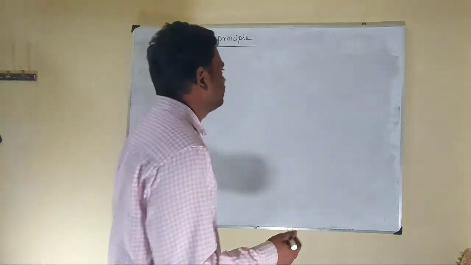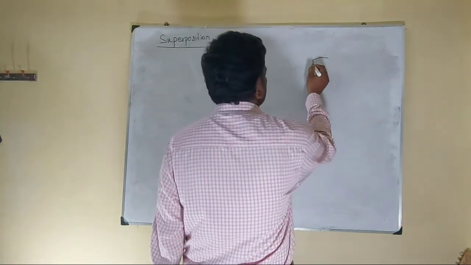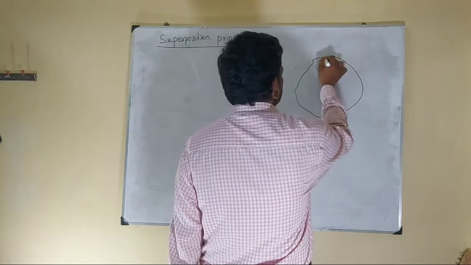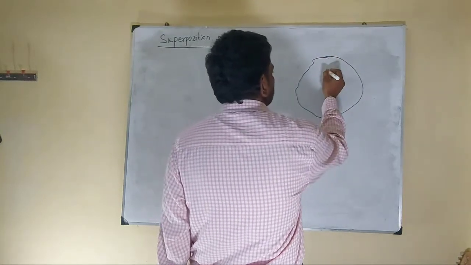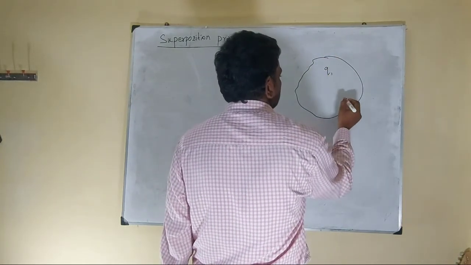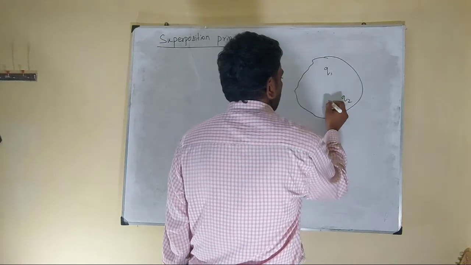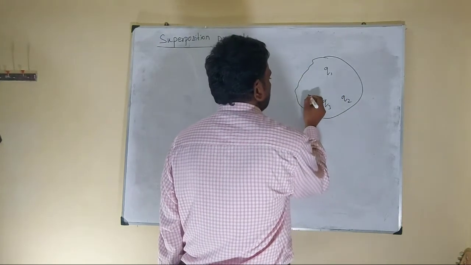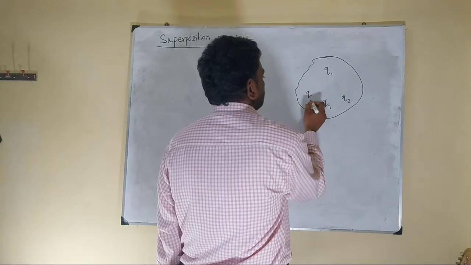Okay, let us consider a system. System means any object. The system contains charged particles Q1, Q2, Q3 and Qn.